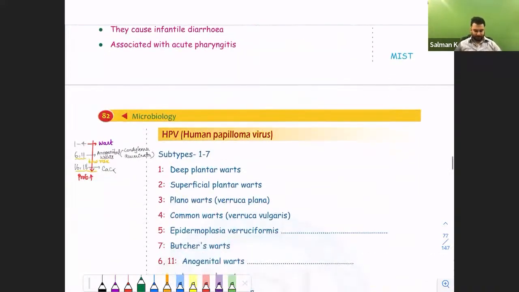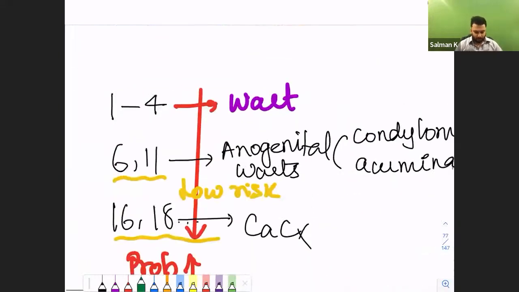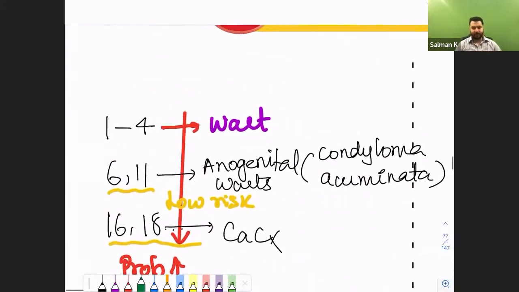The next thing is HPV, human papilloma virus. What you need to remember is this basic thing here. There are three main serotypes, the subtypes that you need to know in this topic. The numbers from 1 to 4 are the ones to cause warts, basically known as the verrucous lesions.